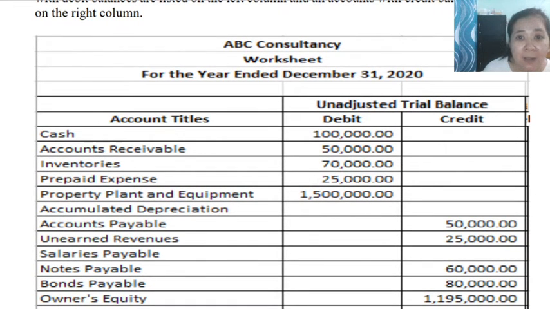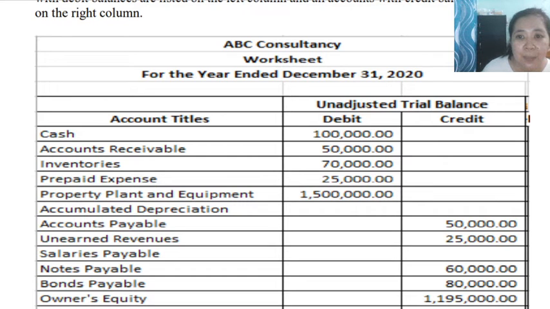So we have here our three columns, our account titles in the first column. These are listed on the basis that we write first the asset accounts, followed by our liability accounts, then our equity, then our income or revenue, and lastly our expense accounts.